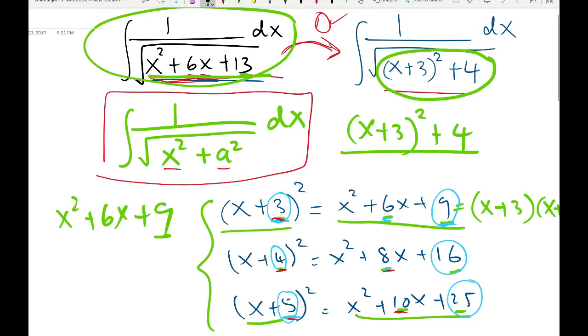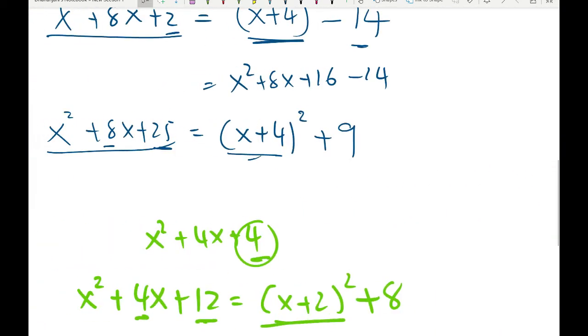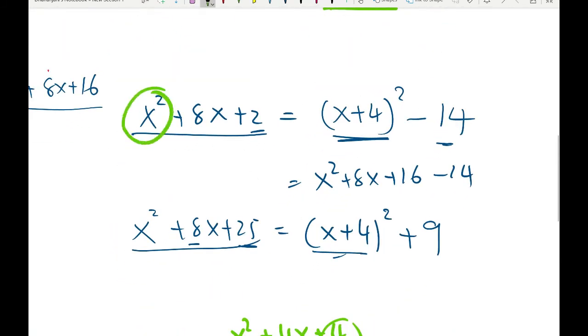One more thing before we finish off this video, you have to be very careful. There's one rule. To do the completing the square method, you have to make sure the coefficient of the x² term is 1.